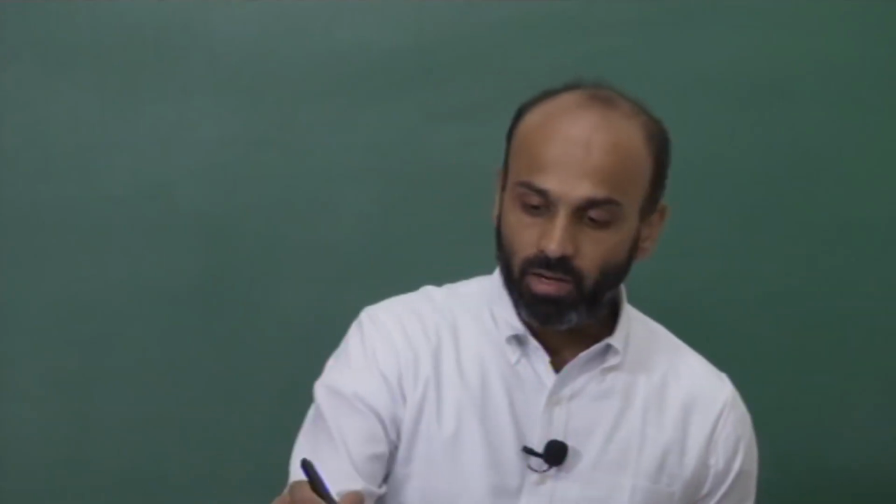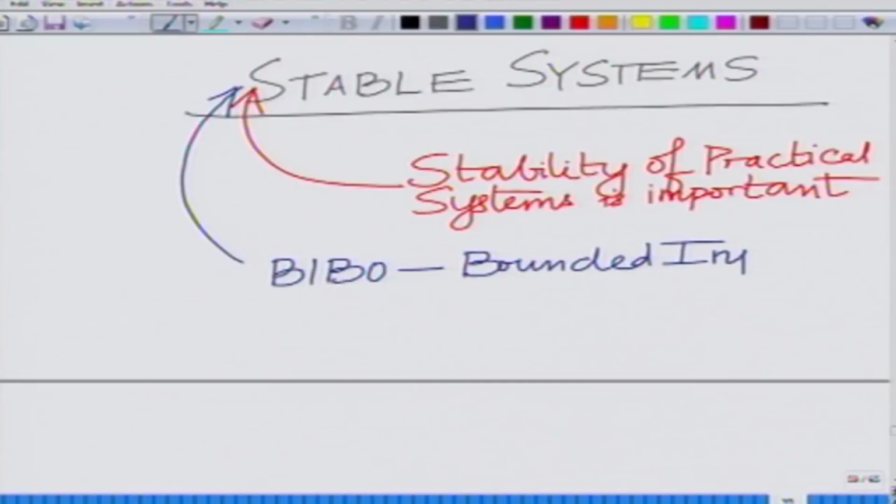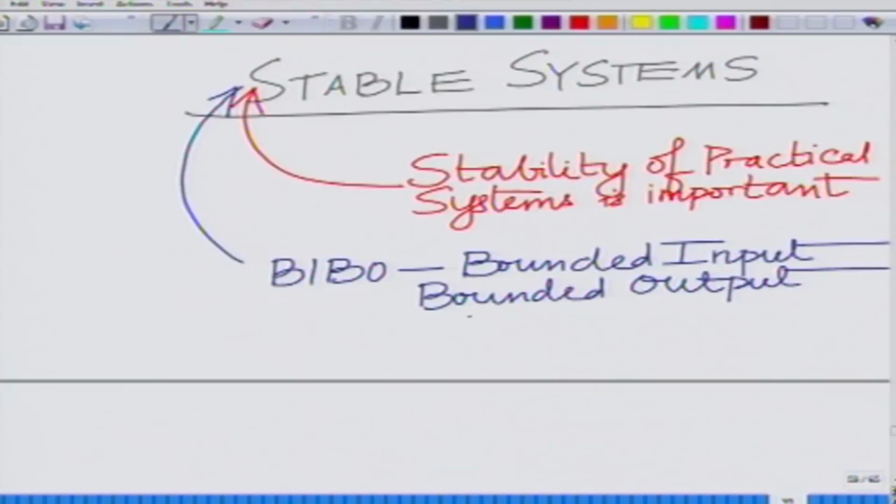One definition of stability is the following. This is known as the BIBO, or bounded input bounded output criterion for stability, and such systems are known as BIBO stable systems.